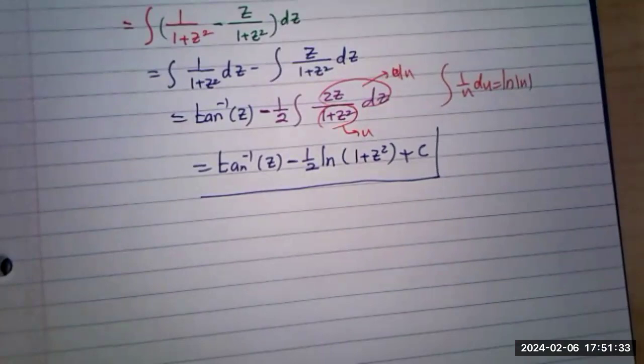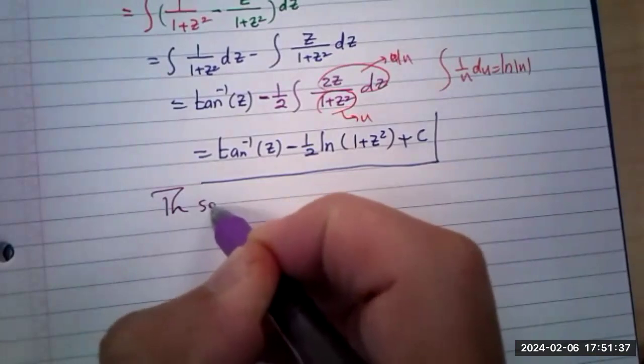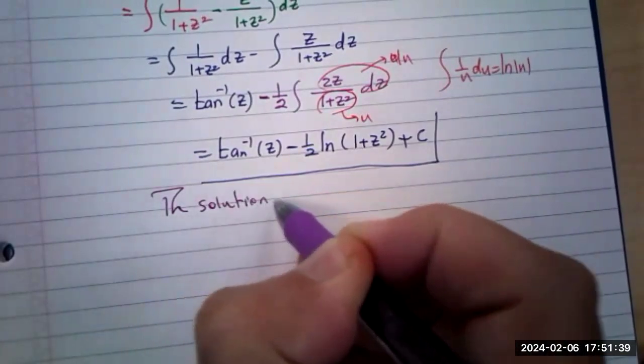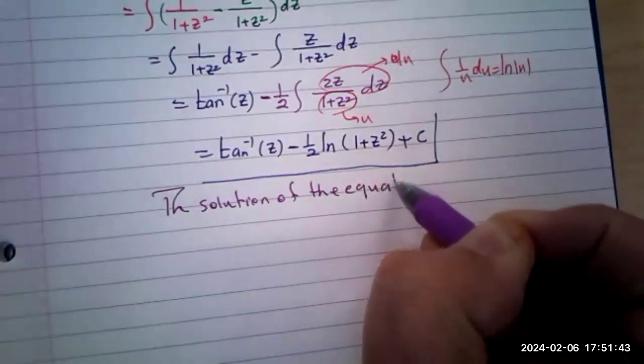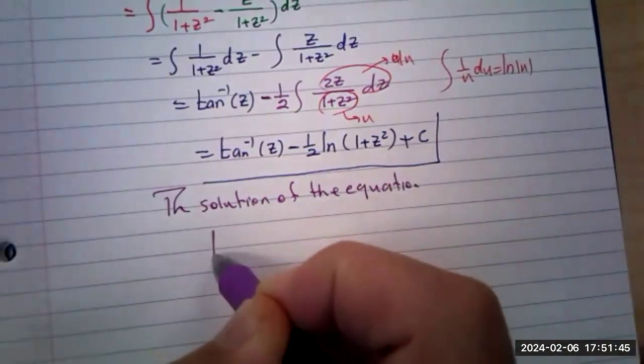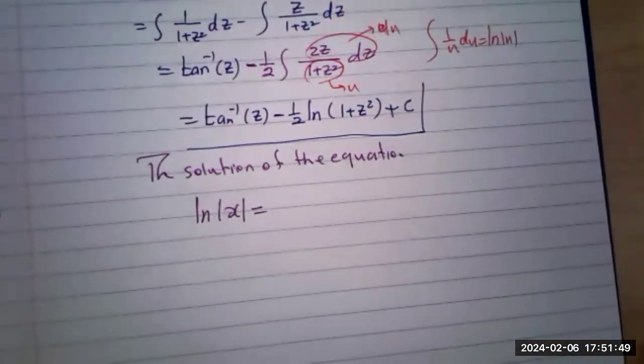So what's going to be the solution of the equation? Remember, the solution of the equation is ln of absolute value of x equal to whatever you got over here.